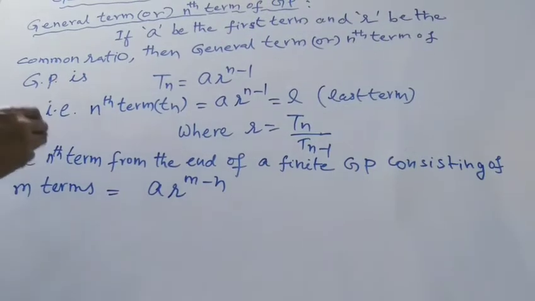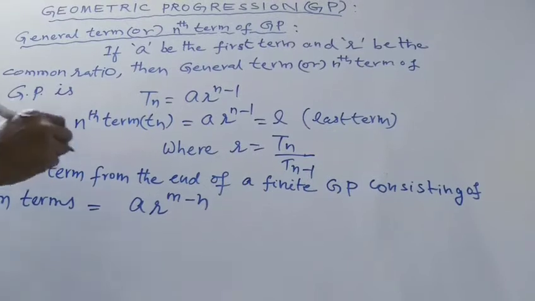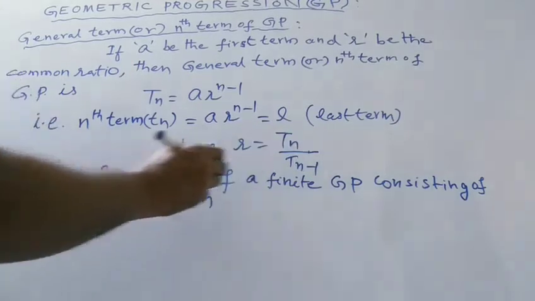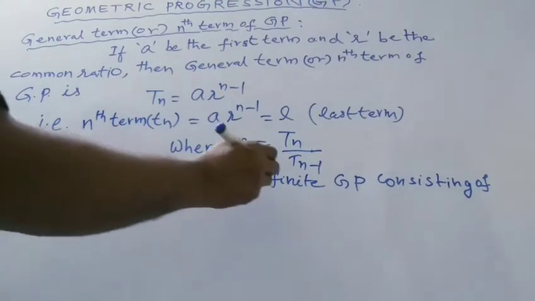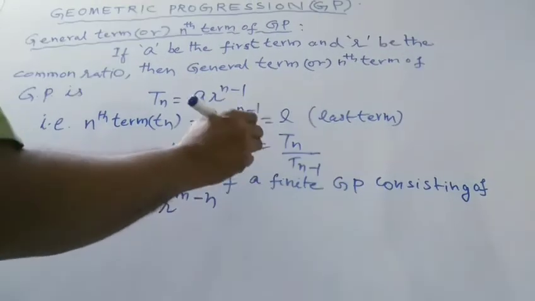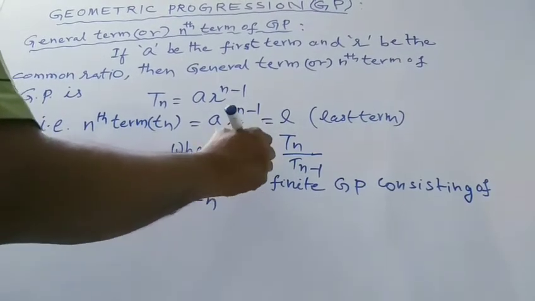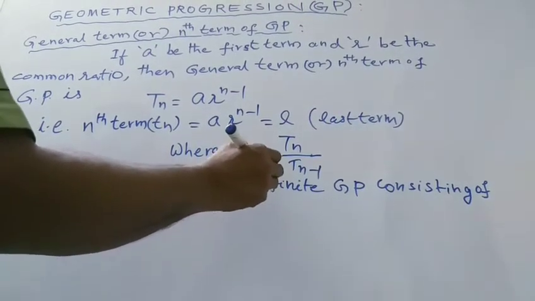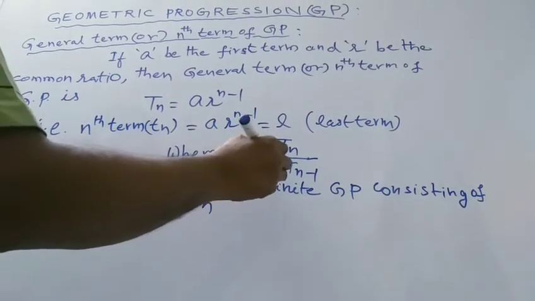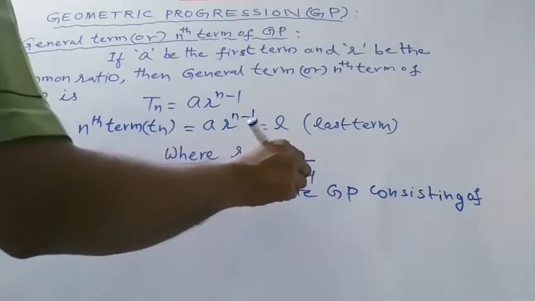This is one point. Finite means here in finite geometric progression only limited terms are there. It is not an infinite geometric progression. It is only finite geometric progression, limited terms only.